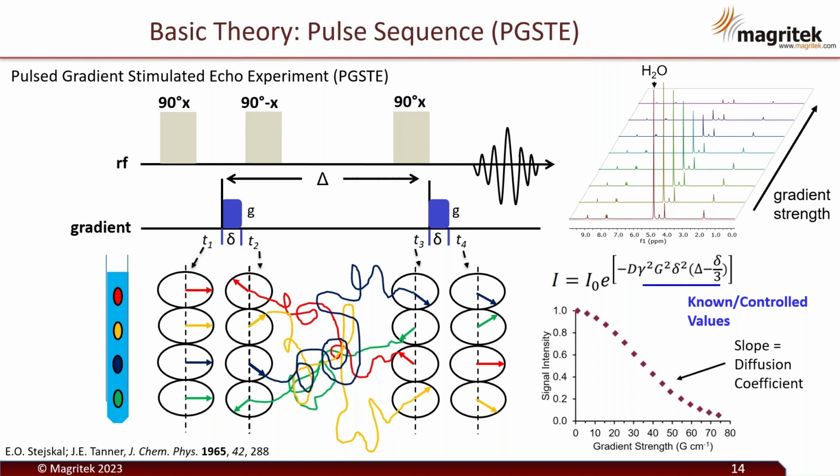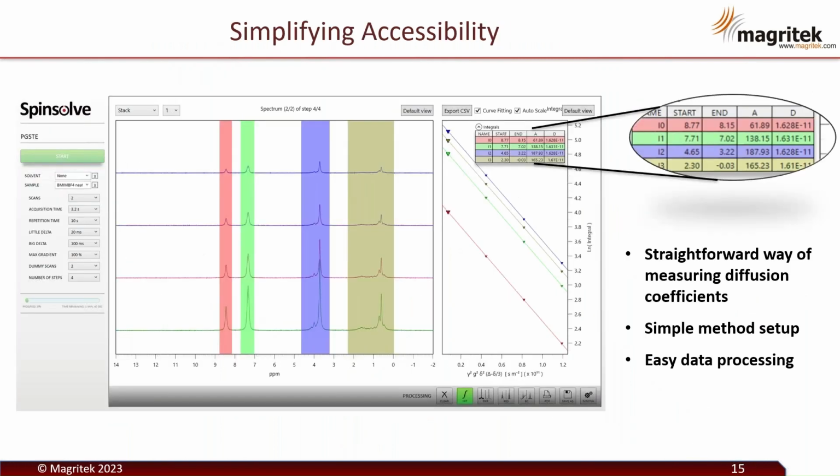So this may seem like a lot, but here at Magritek, we hope to simplify the accessibility of this experiment for any researcher who wishes to use it. What we've attempted to do is shown here through this screenshot of the software interface when running these types of experiments.